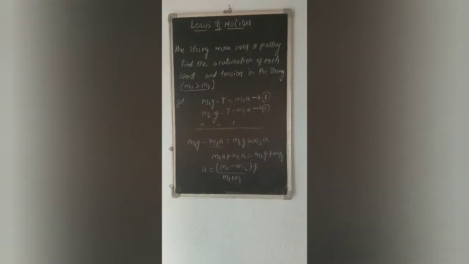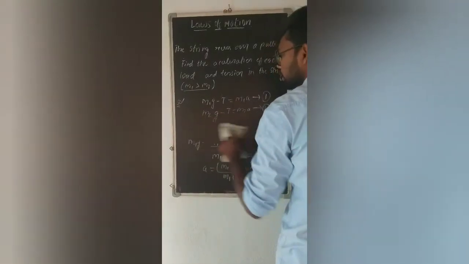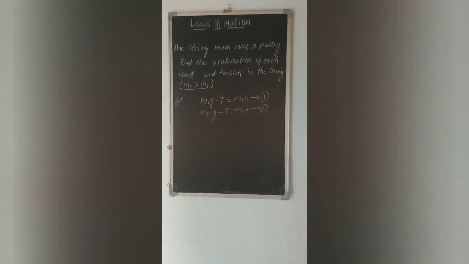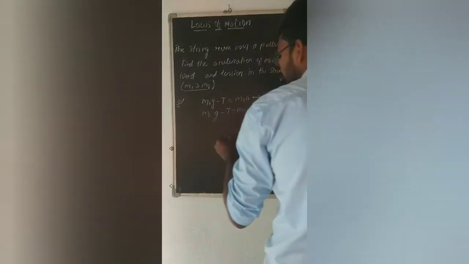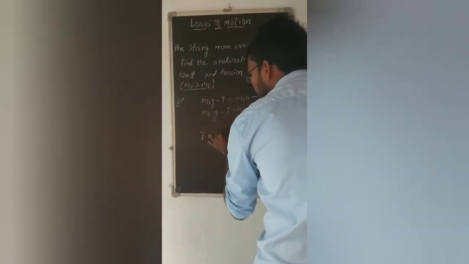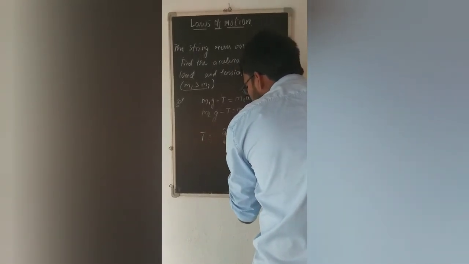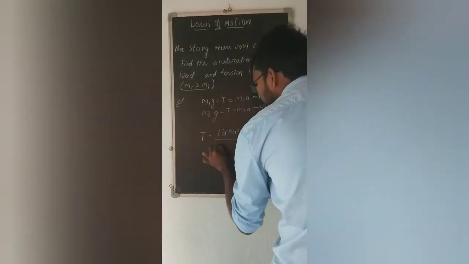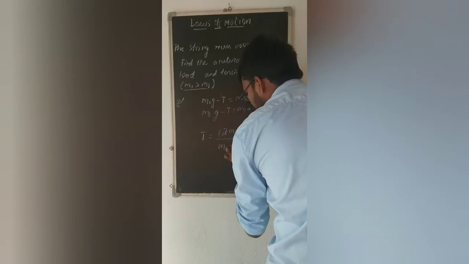Okay, now if we write the equation for tension, by solving these two equations only, then what will happen? Tension will be added. So T equal to 2 M1 M2 into G by (M1 plus M2). That's it.